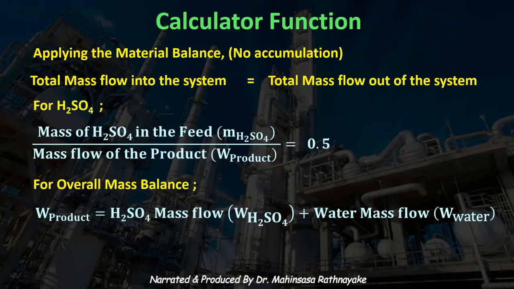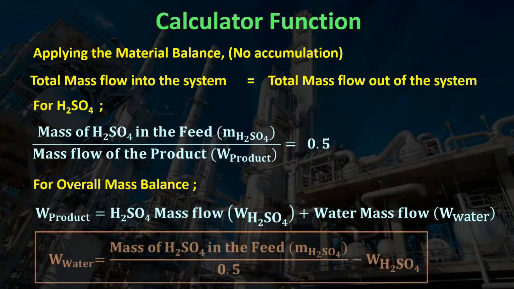Finally, combining these two equations, we can simplify the relationship into W sub water equals M sub H2SO4 divided by 0.5 minus W sub H2SO4. We will enter this equation into the Aspen calculator function.